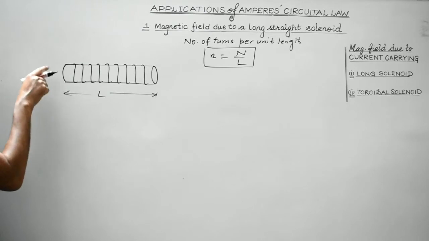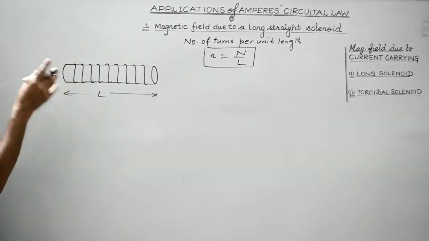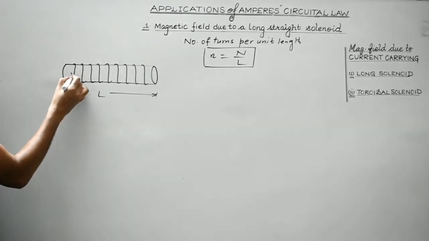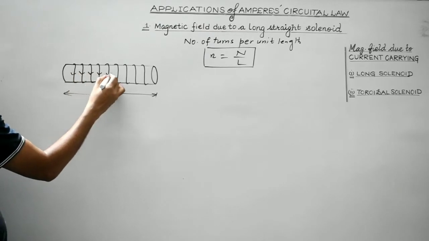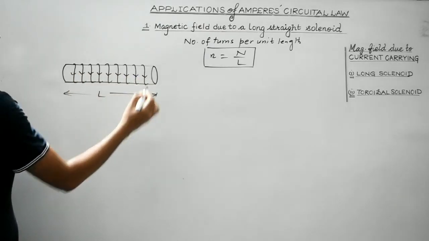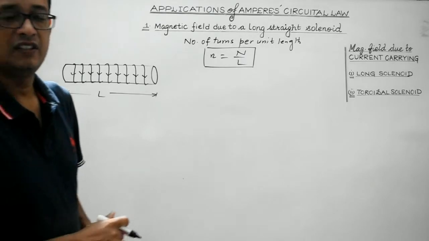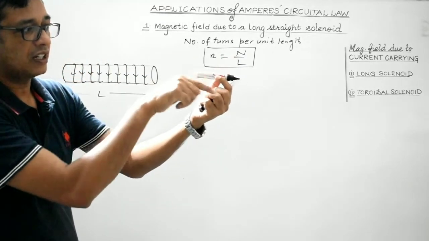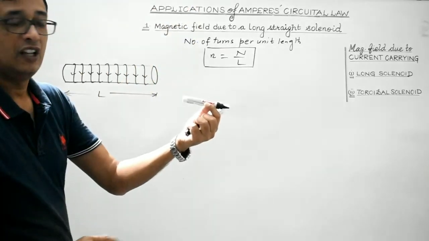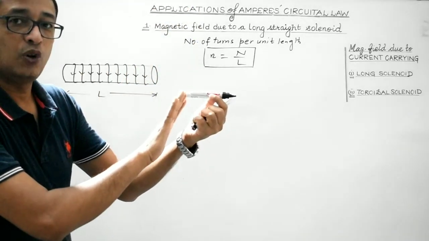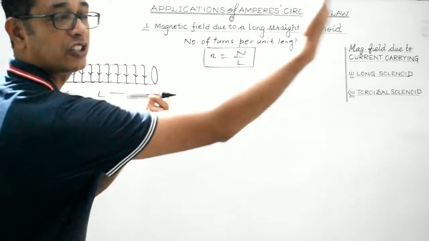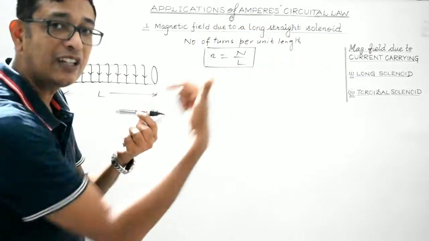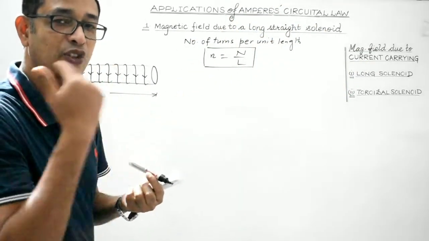Now suppose the current is flowing in the clockwise direction when you see from this end. As we are aware, students, through this face it will appear as if the current is flowing in the clockwise direction, so this face will act as the south pole, while the other face, through which the current appears to be flowing in the anti-clockwise direction, will behave as the north pole.